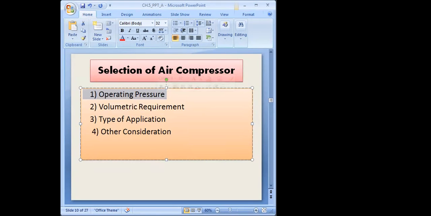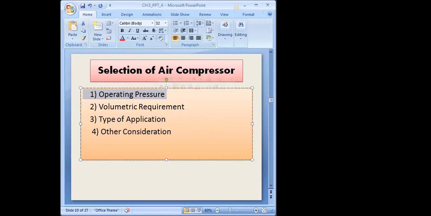As we know, the dynamic type, that is our rotary type air compressor, is used for operating pressure below 5 bar, and above that we go for positive displacement, that means our reciprocating or screw type air compressor.